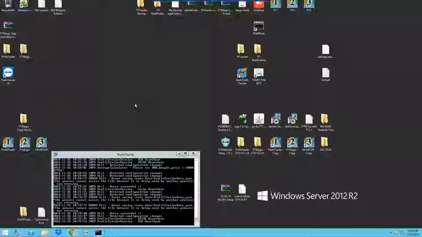Currently, you're looking at a Windows Server 2012 R2. The server says that it's November 26th and 10:36 a.m. This is Singapore time. Currently in the U.S., it is 9:36 p.m. on November 25th.